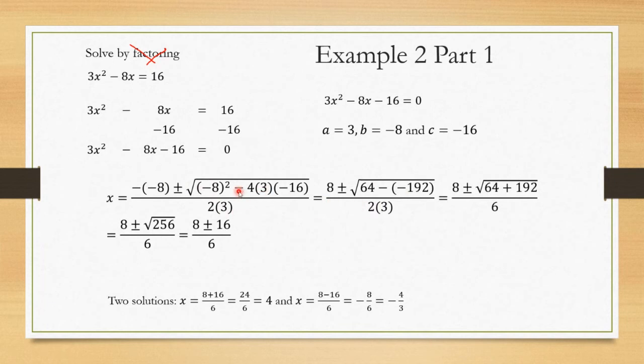Remember, you're always subtracting here. Here, however, we have minus a negative, which is why this becomes addition. So you have 64 plus 192 in the radicand. You take the square root of that. So we get 8 plus or minus the square root of 256 over 6, which is, of course, equal to 8 plus or minus 16 over 6.